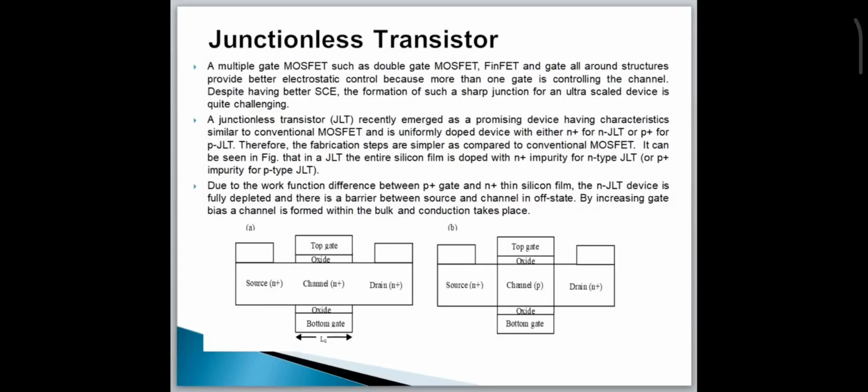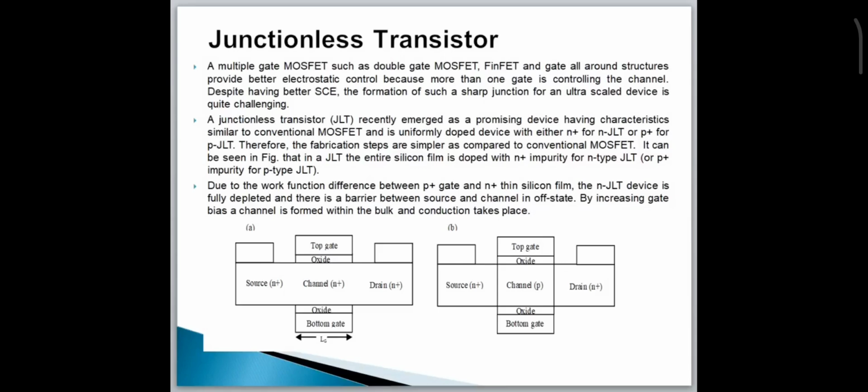A multiple gate MOSFET such as double gate MOSFET, FinFET and gate all-around structures provides better electrostatic control because more than one gate is controlling the channel. Despite having better short channel effects, the formation of such a sharp junction in an ultra-scaled device is quite challenging.